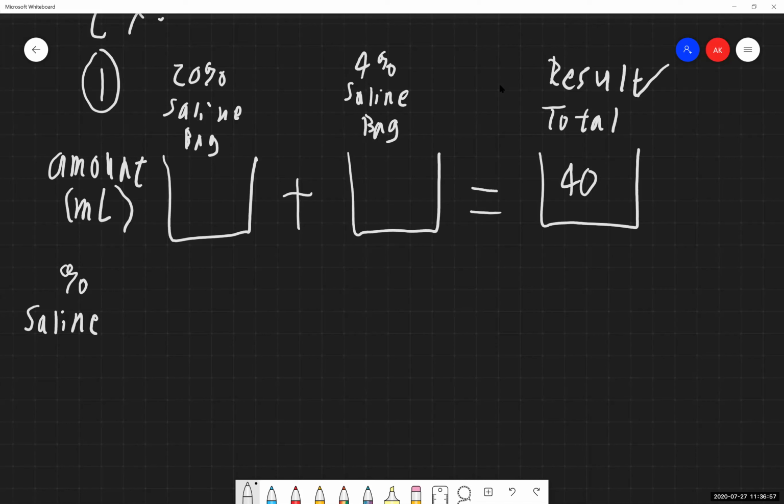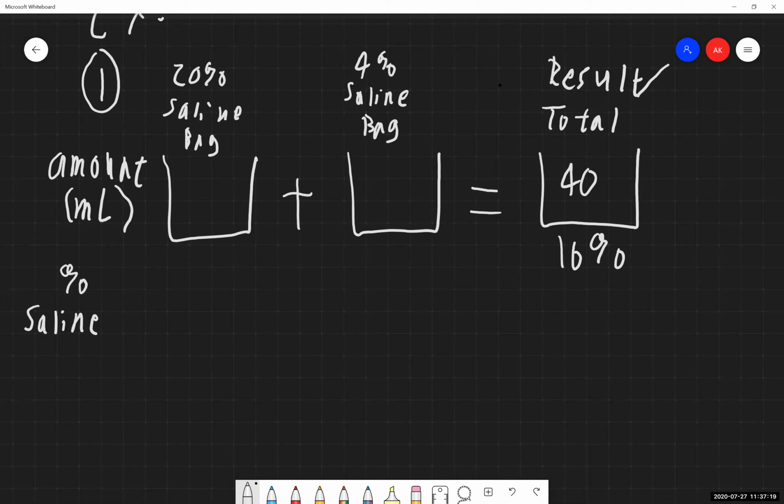We also know that the dosage, the amount that we want, should be a total of 16% saline. Again, think of it as what's the resulting thing? The resulting thing is 40 milliliters, 16% saline.